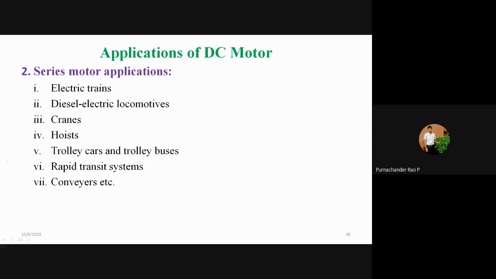Because of these reasons, they are used in electric trains, because all the bogies are connected to the motor, so it can run them. Also in diesel electric locomotives, cranes, hoists, trolley cars, and trolley buses, because everywhere they have loads directly connected to the motors. Because of these reasons, series motors are used for these applications.